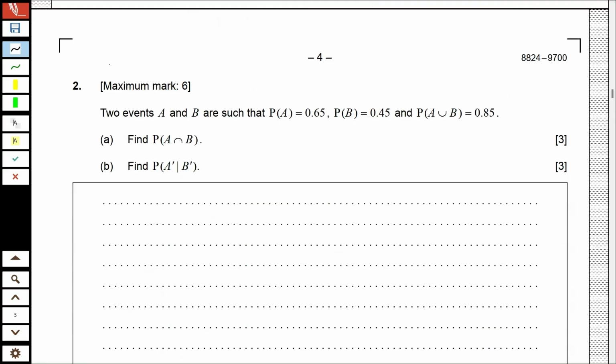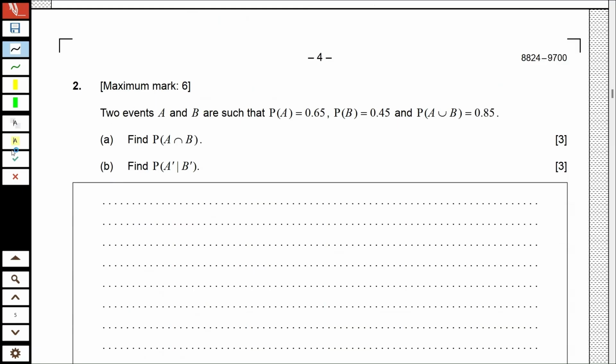Question 2. Two events A and B are such that the probability of A equals 0.65, the probability of B equals 0.45, and the probability of the union of A and B equals 0.85.